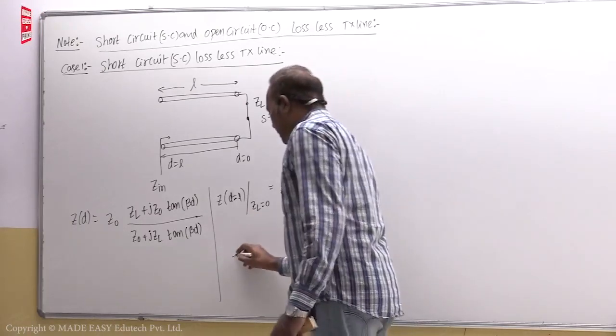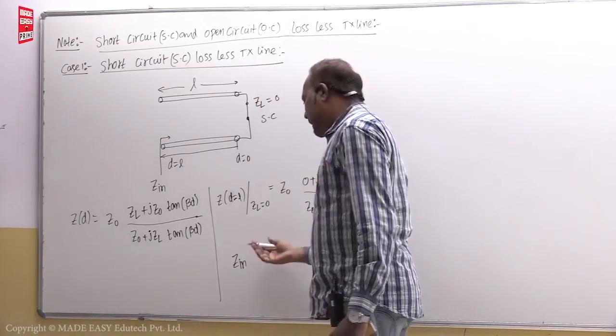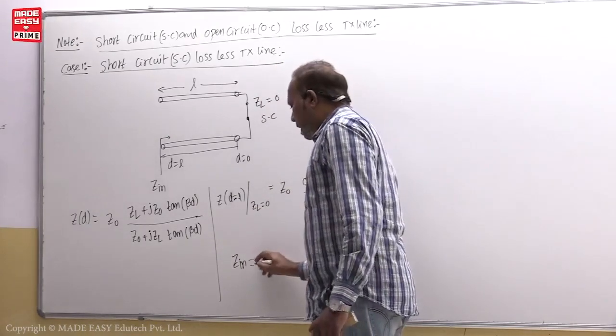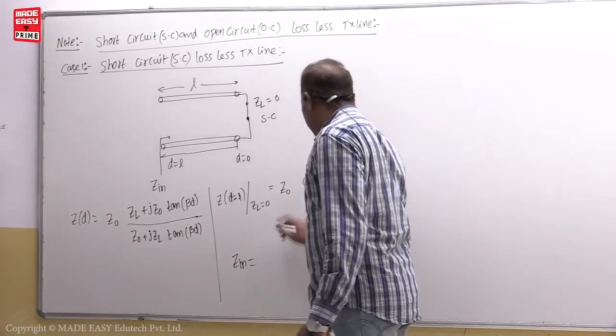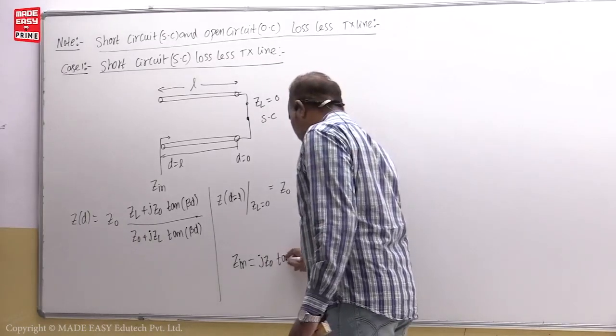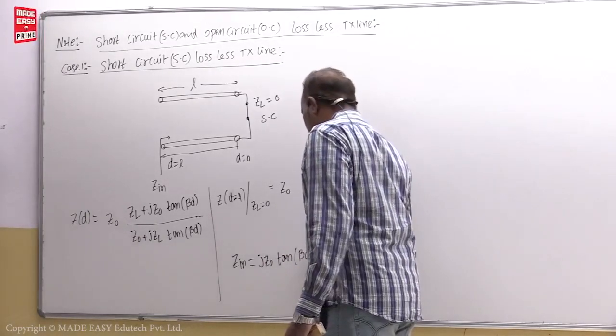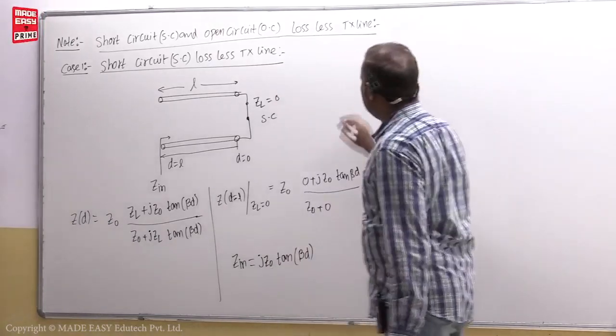So this is called input impedance when load is short circuit, ZSC it is called. For the time being you call it Zin. So this is basically Z0 cancels, jZ0 tan βd. Okay, let it be like this.